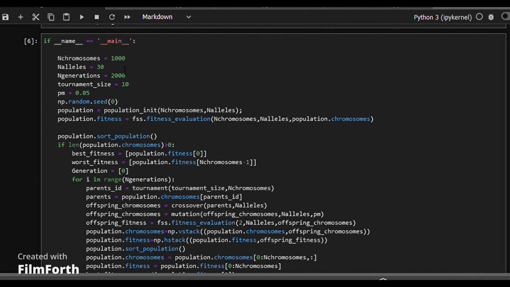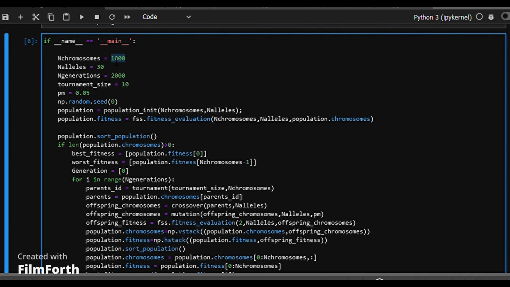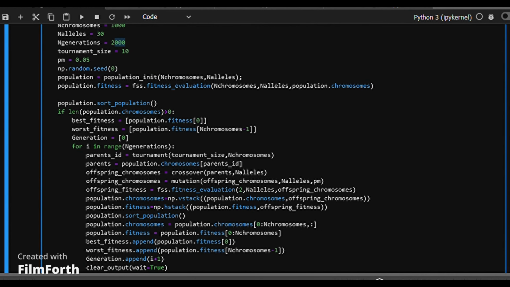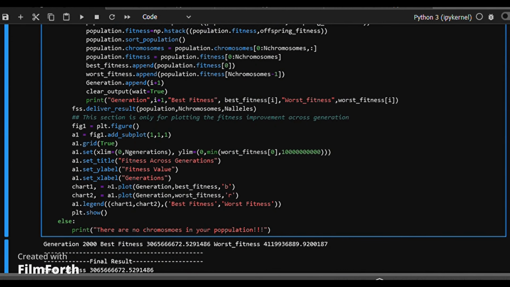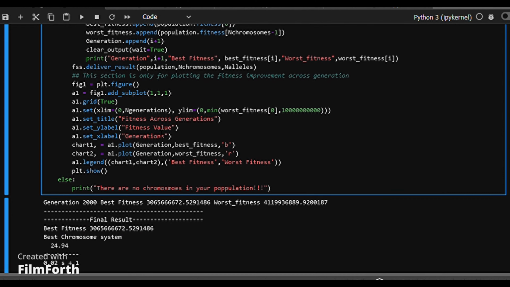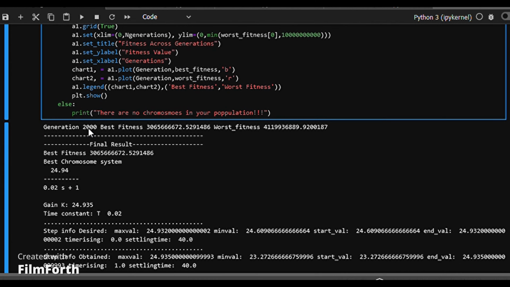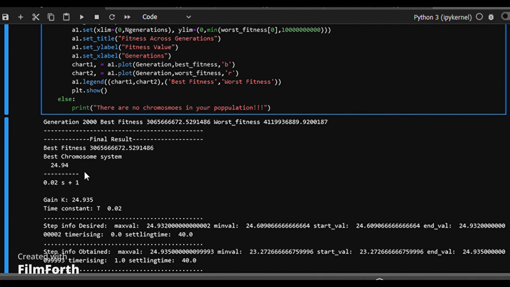In this case, we have 1000, 2010. We have this part for the plot, and in this part we have 2000 generations. The best fitness is this, the worst fitness is this, and the final result is this part.